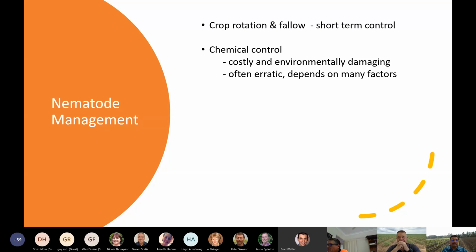If you have a sandy soil with lots of nematode, you can apply the chemical and get better control because it can disperse within the soil evenly. But if you have a clay soil, it's very hard to get control in the heavier soil because of the dispersion issue. So they are not very effective in heavy soil. Also, that depends on other soil and environmental factors. You need rain or irrigation right after the application.